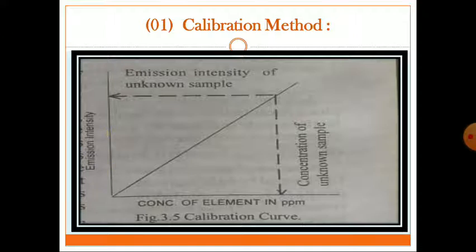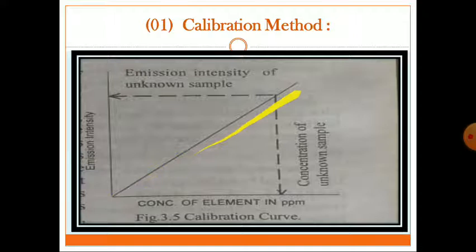Initially we prepare standard solutions, suppose 5 standard solutions with increasing concentration. When we record the emission intensity, it increases, and when we plot it we get a straight line for the standard solutions.